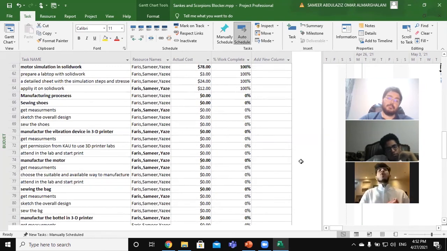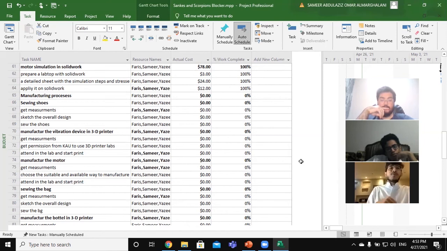Manufacturing process. We do all the work complete until the application in SolidWorks. And when we go to the manufacturing process, we stop here, because in this course we should not do this in manufacturing, in real life, to get this project, the choose and vibration and electric circuit.